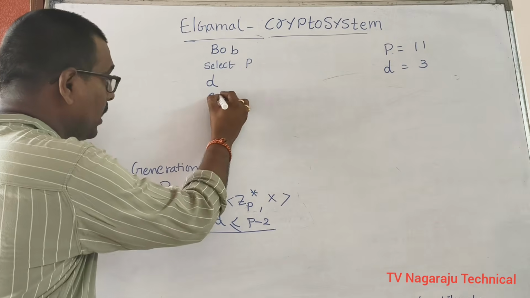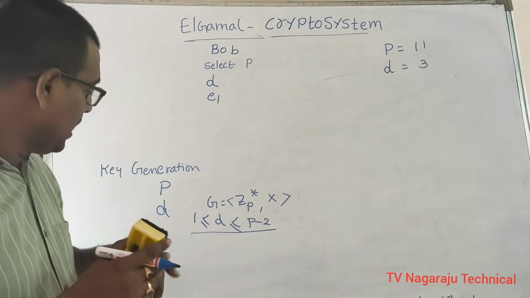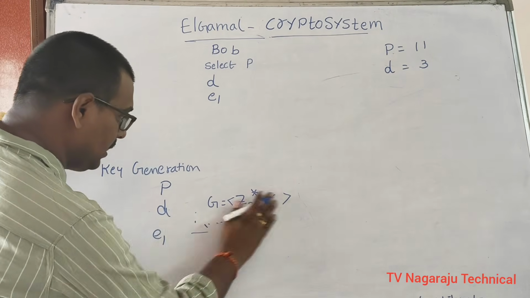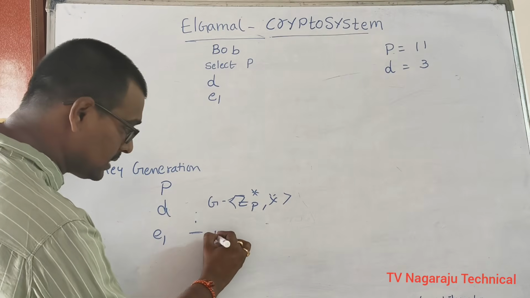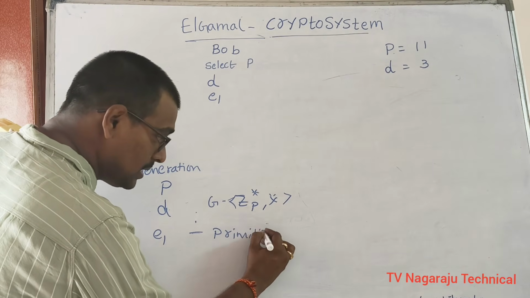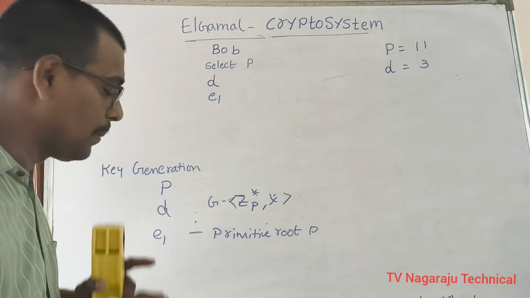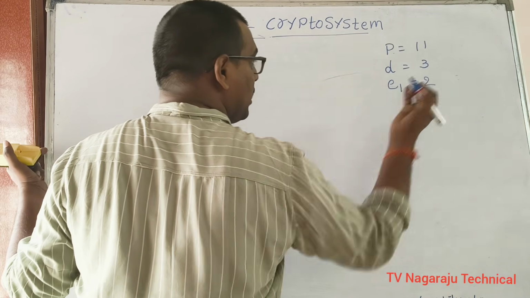And select one more number, E1. E1 is simply a primitive root of P. What is the condition? E1 is simply a primitive root of P. We already know the primitive roots. Based on this, I select the E1 value.